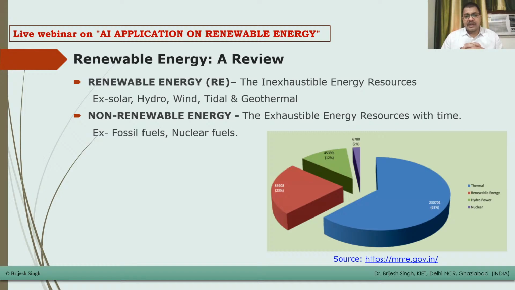So why is renewable energy the most promising and acceptable form? Nowadays people are looking towards renewable energy because it doesn't affect the environment. Renewable energy is the most acceptable option.